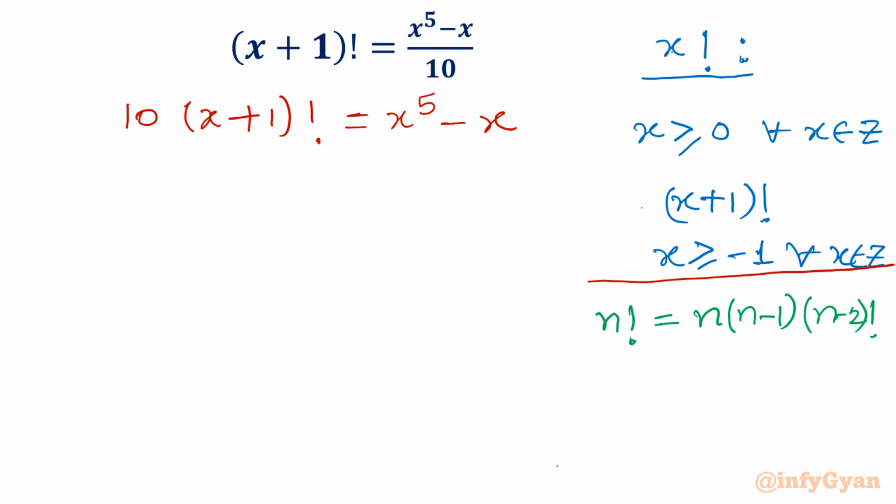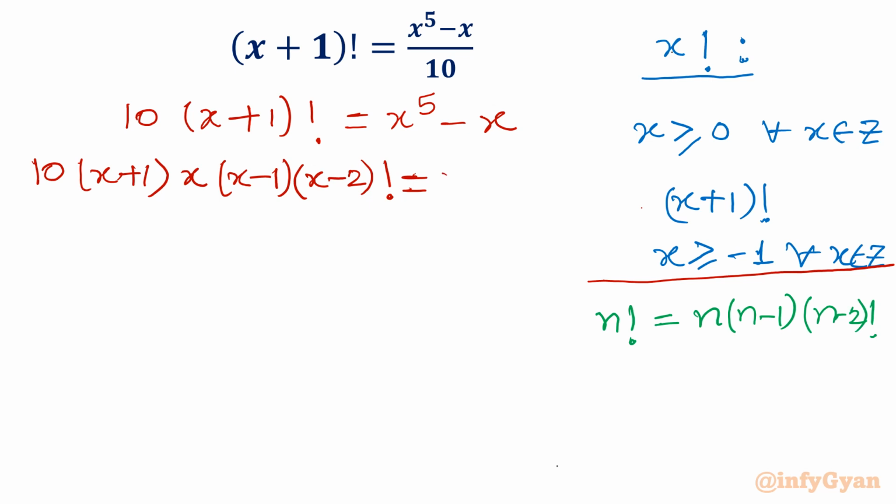So our equation can be written as, the LHS, 10 times (x plus 1), x, (x minus 1), (x minus 2) factorial. See, decrement by 1: x plus 1 minus 1 is x, x minus 1, then x minus 1 minus 1 is x minus 2.